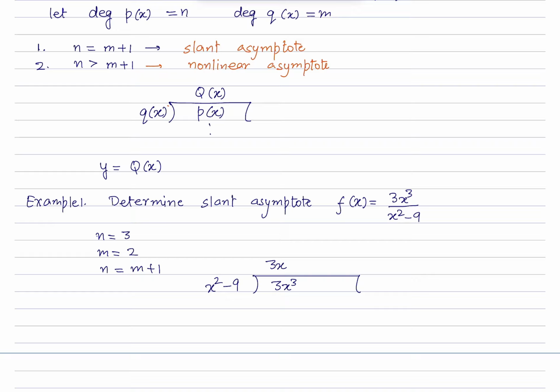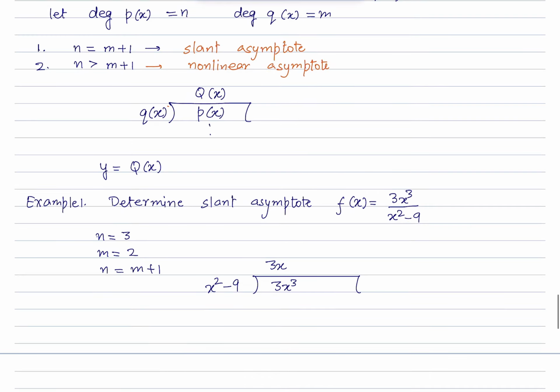Next step is multiply. Multiply your divisor by 3x, which gives us 3x cubed minus 27x. Next step is we change the signs and add.